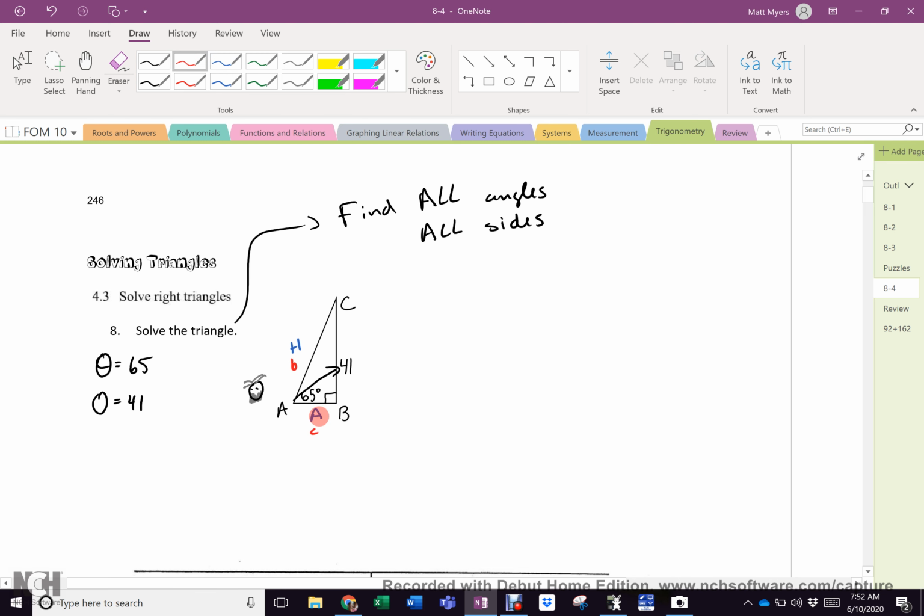But I also know that it's little c because it's across from big C. So now all I do is I make my choices. What do I want to find first? Well, I'm going to find the hypotenuse first. So my hypotenuse equals little b because it's across from big B.